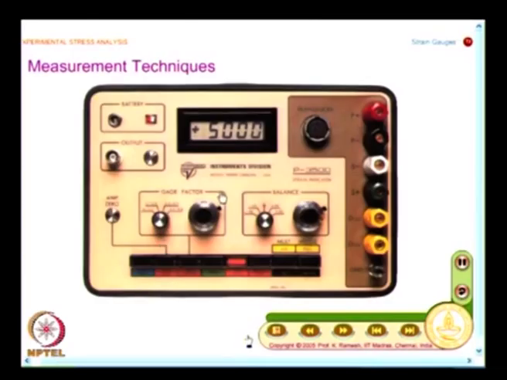So, you have a knob specifically available in the strain gauge meter to set the gauge factor, and you also have another set of knobs for you to adjust the initial balance. See, when you start with, the bridge has to be balanced, and you will have some provision in the strain gauge meter to account for this imbalance.